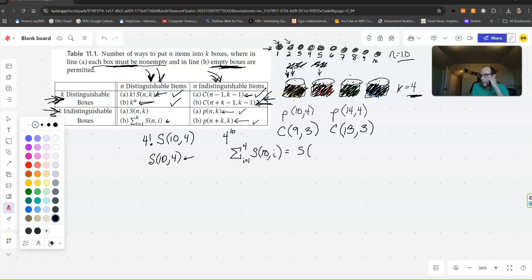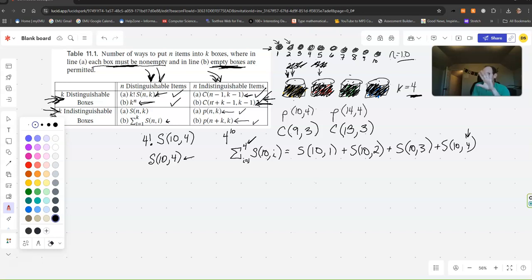If you wanted to write this out, this is S(10, 1) plus S(10, 2) plus S(10, 3) plus S(10, 4). In other words, the sum is just saying we start where i is 1, we plug in 1 for i, and we keep raising i by 1 until we hit the maximum of 4 right here.